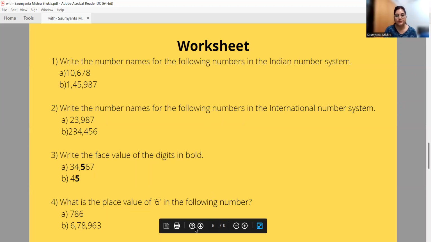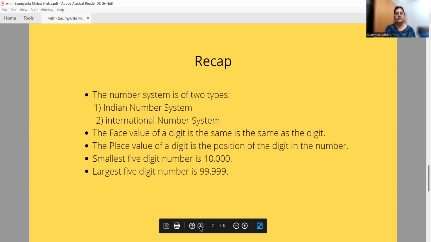So now let's recap what we have learned today. We have learned that the number system is of 2 types, the Indian number system and the international number system. In the Indian number system, we have crores, 10 lakh, lakh, 10,000, thousand, hundreds, tens, and ones. And in the international number system, we have 100 million, 10 million, million, 100,000, 10,000, thousand, hundred, tens, and ones.